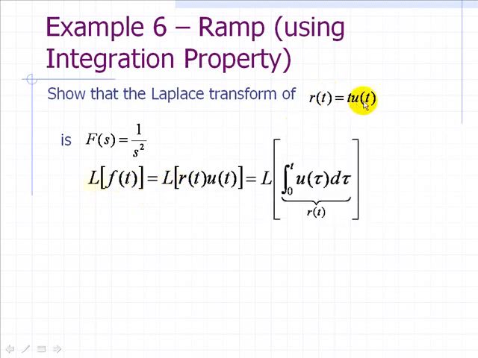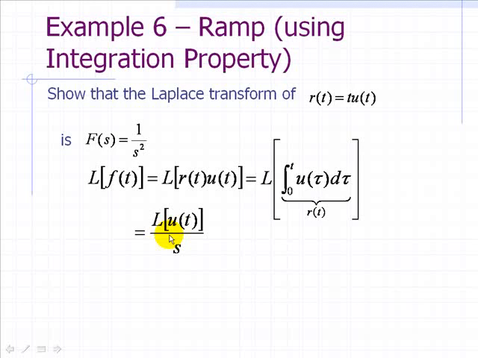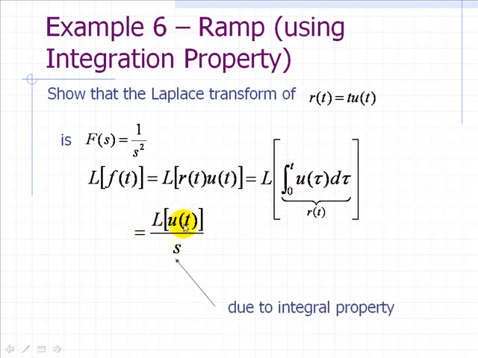Substitute f of t for this expression, get this, and now we have u of tau d tau, which is our ramp. Taking that expression and multiplying it by 1 over s, because that's the integral. But we note that the Laplace transform of a unit step is just 1 over s.